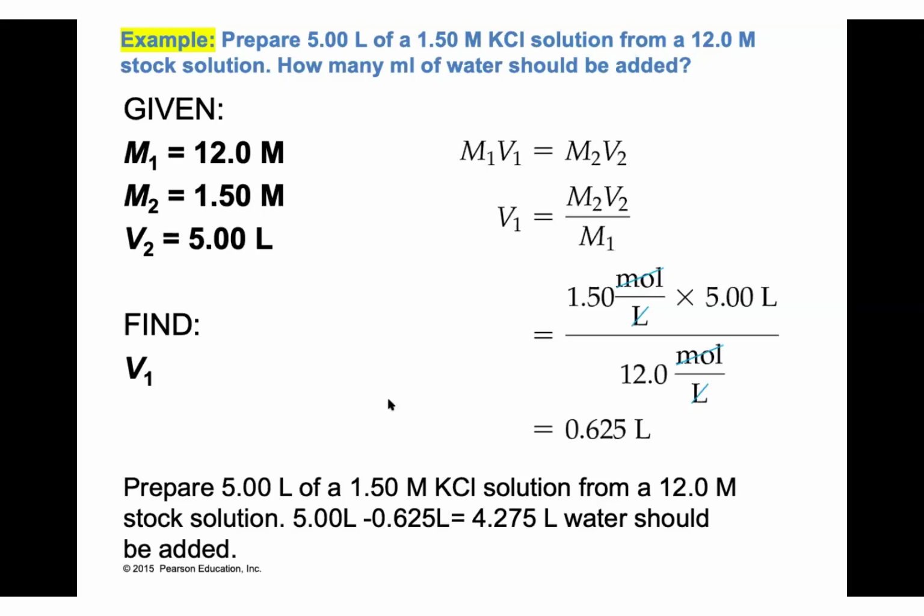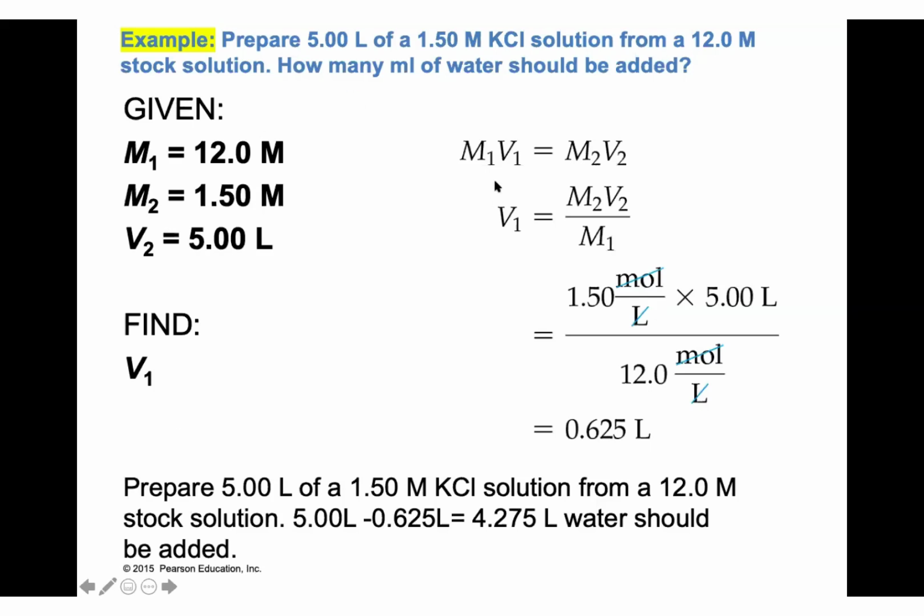How much water do you think I should add to make 5 liter of less concentrated, which is 1.5 molar? I should subtract: 5 liter minus the liter from the concentrated solution. This is going to be the amount that should be added to make the 5 liter of 1.5 molar KCl.